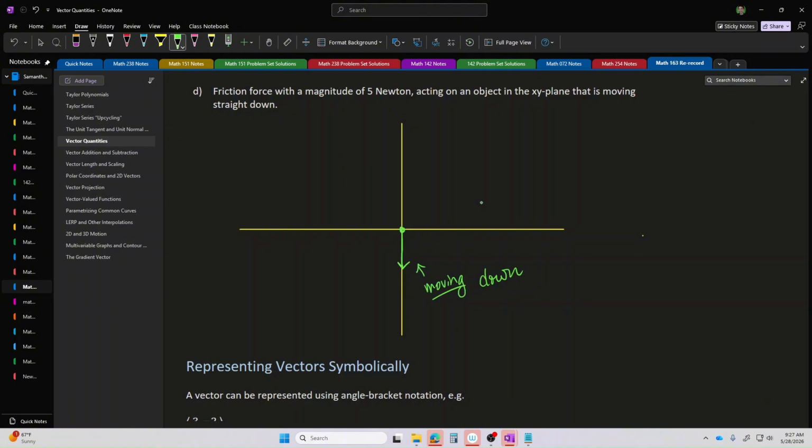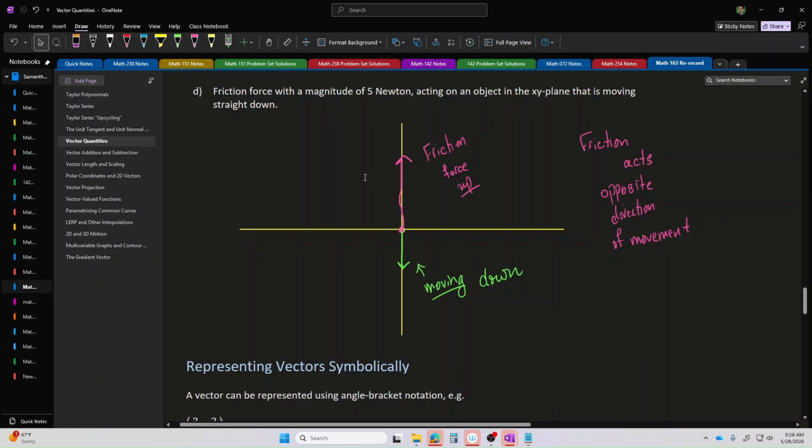It acts to resist the object's movement. So if the object is moving straight down, friction force is going to act straight up, opposite the direction of movement.